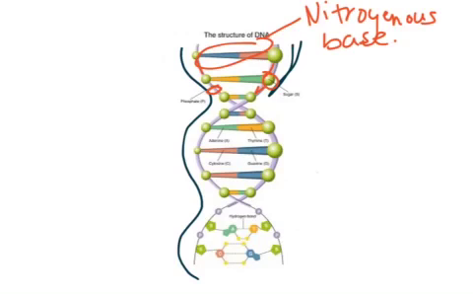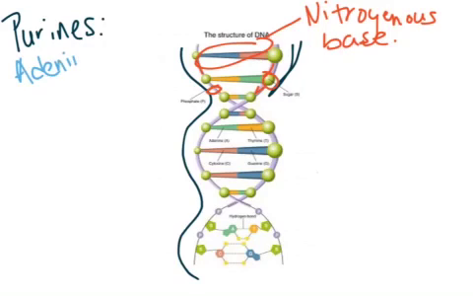And there are actually two subgroups of nitrogenous bases. The first are called purines, and the purines are going to consist of adenine and guanine.